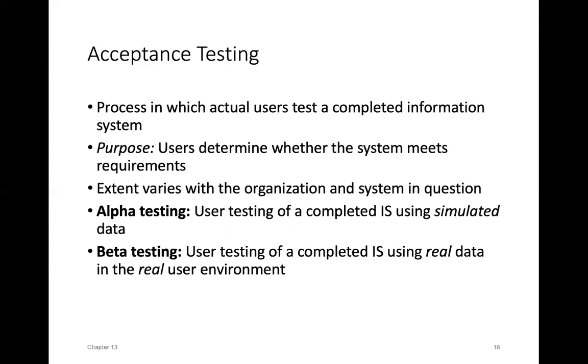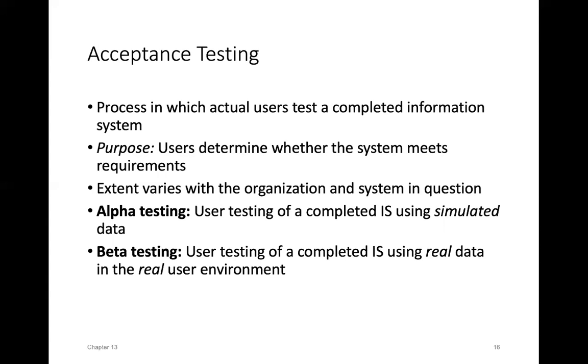Now, when it comes to UAT, to user acceptance testing, there are two types of testing. We have alpha testing and beta testing. Alpha testing is user testing of a completed information system using simulated data, and beta testing is using real data in a real user environment. So beta testing is pretty much the real thing, but again, you won't use a massive bit of critical, important data, let's say it's an environment for banking.